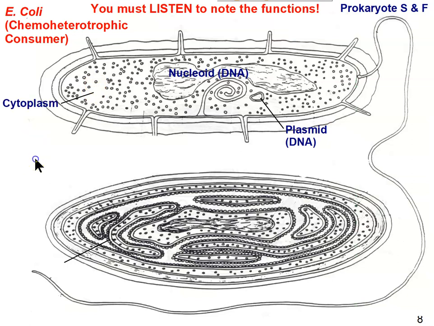So we have the cytoplasm. The cytoplasm, if you'll recall, is one of the things that we find in all living cells. DNA is in all living cells, cytoplasm is in all living cells.